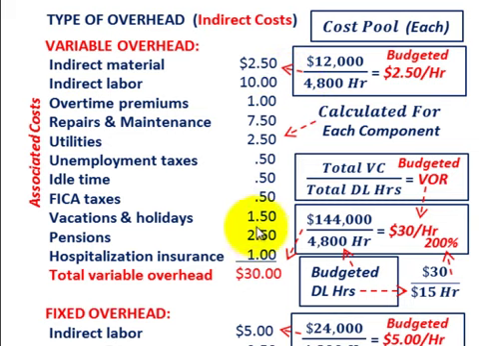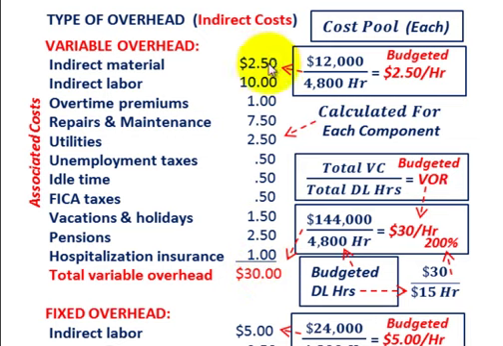We go through each of those items and total them up, and this is where we get our total variable overhead cost, which happens to be $30 per direct labor hour. So for every direct labor hour, we're going to have to charge off total variable overhead of $30 per direct labor hour.